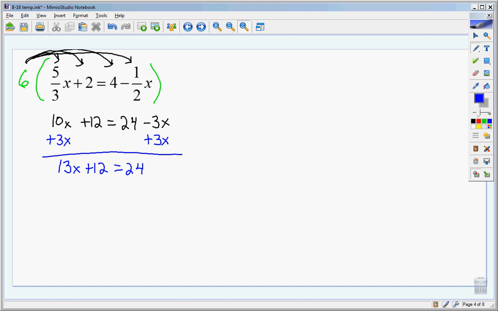Getting x by itself, the next step would be to get rid of the 12. I'd have 13x is now equal to 12. And my last step would be to divide both sides by 13.